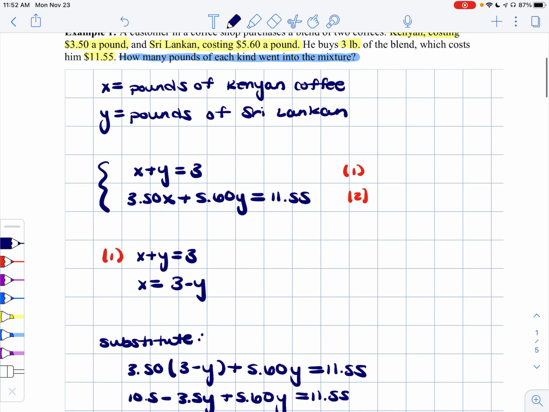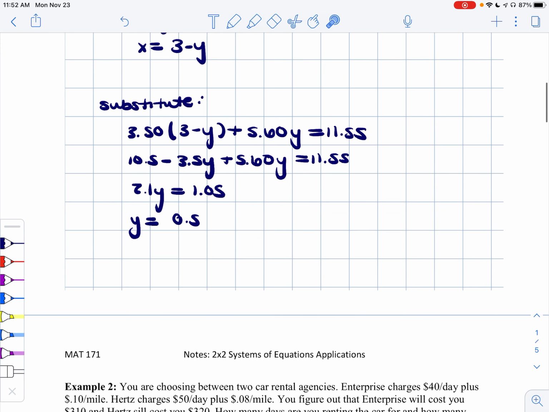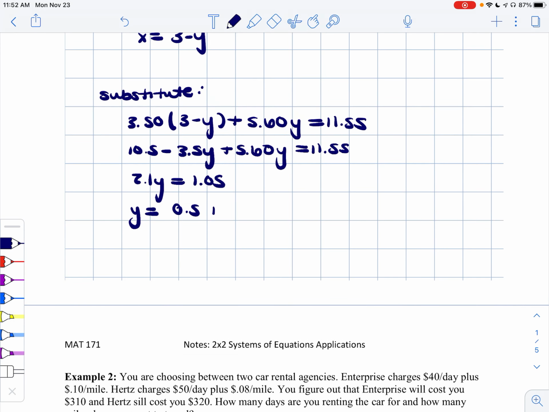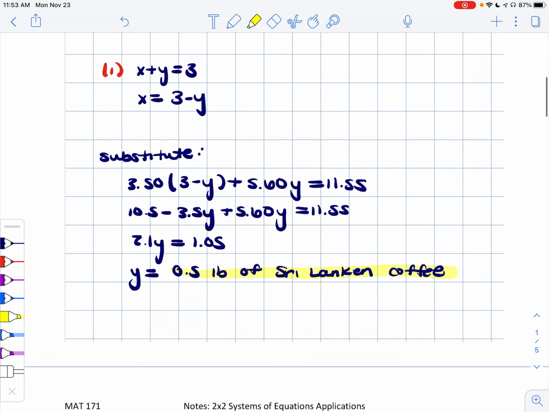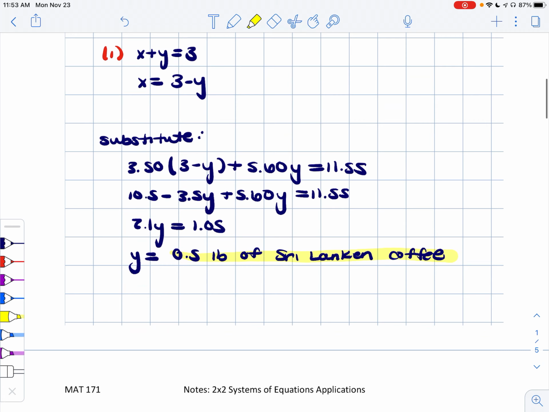And remember, our y was pounds of the Sri Lankan coffee. So half a pound of the Sri Lankan coffee. All right, so that's one of our answers here. All right, last thing we have to do then is just back substitute this in order to find our other variable.